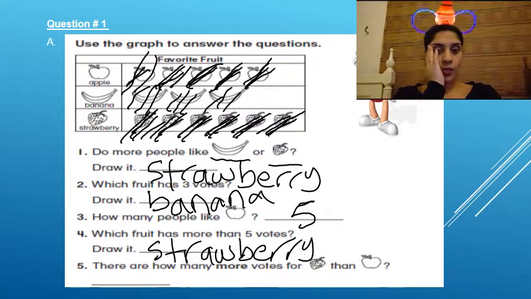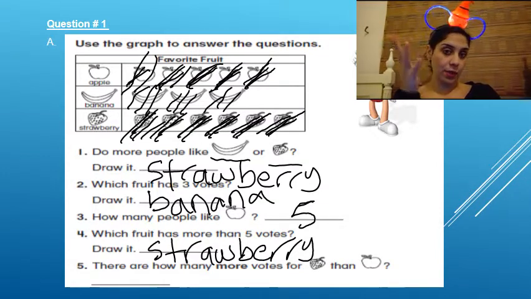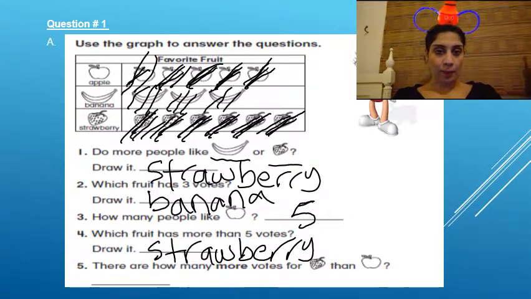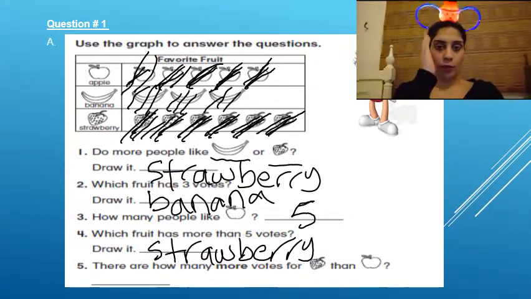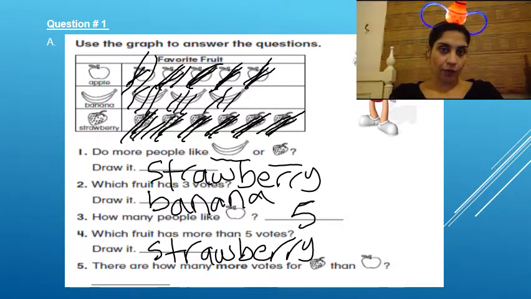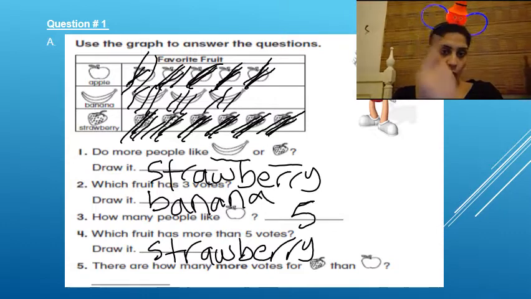Okay, now we have to keep in mind which one is bigger, definitely the strawberry, and which one has less, the apple. In order to reach 6, we have to put 5 and continue counting. 5, and how many more? 6. One more. We have to write 1 here.